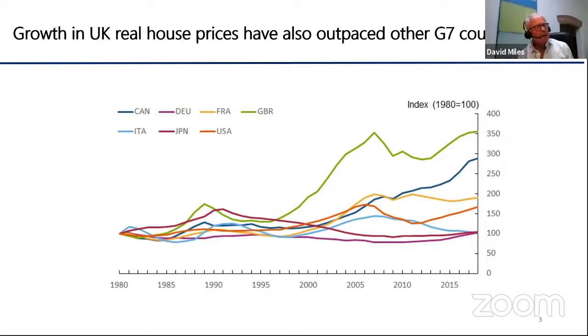And instead of house prices going up as much as they did, they would have increased by about 70, 80% less over the last, I think we did the calculation, the last 30 odd years. So it's worth quite a lot, and it seemed to explain most of the difference between the UK and these other places.